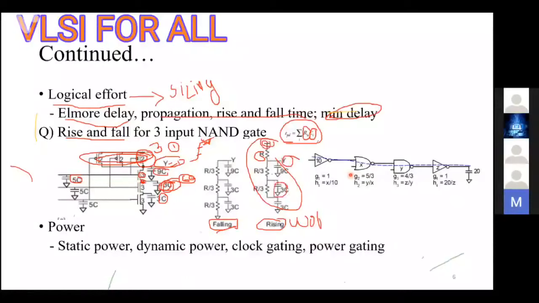If I explain this here, the source is VDD and the output node is Y. In order to calculate the delay TPD, first we consider the 9C capacitance, 9C into RIS.